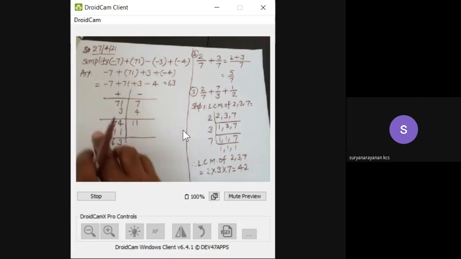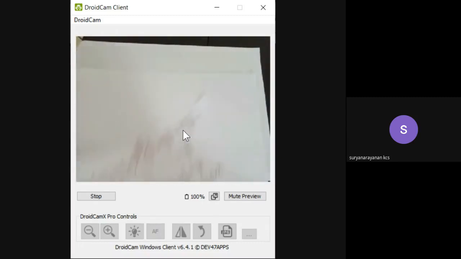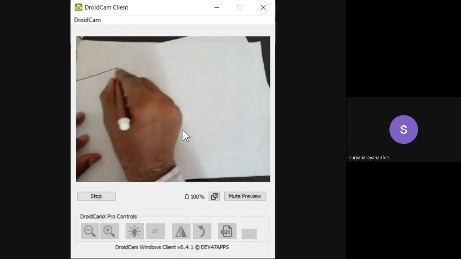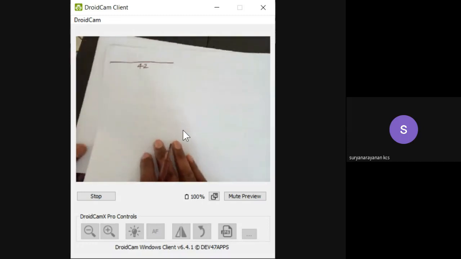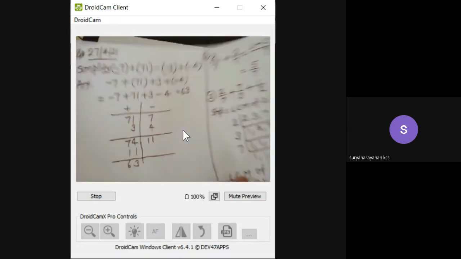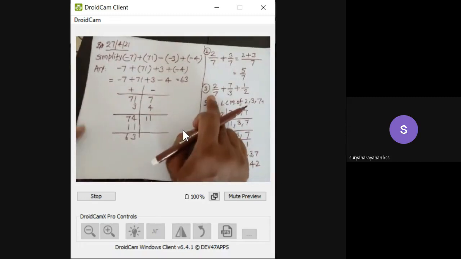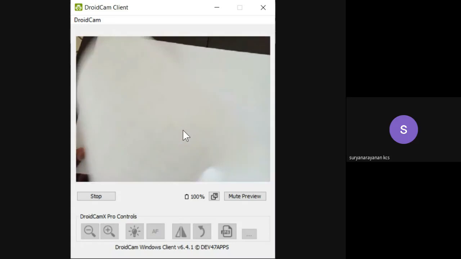So here we draw a big line like this. Whatever LCM we got here, we should write it. After that, what is the first fraction here? 2 by 7. We have to take the denominator 7, the 7 table.